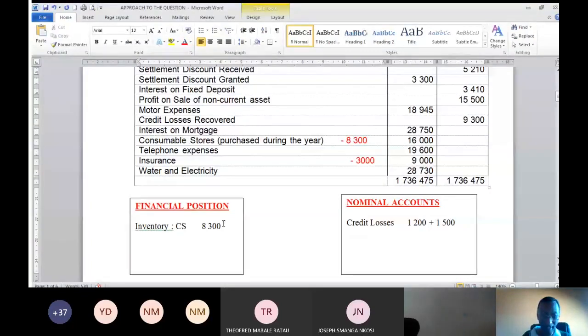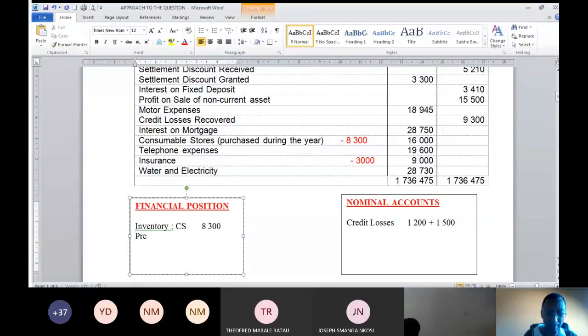And the other account involved is a financial position account. Your financial position account is called prepaid expenses. And we will have prepaid expenses of 3,000 Rand.